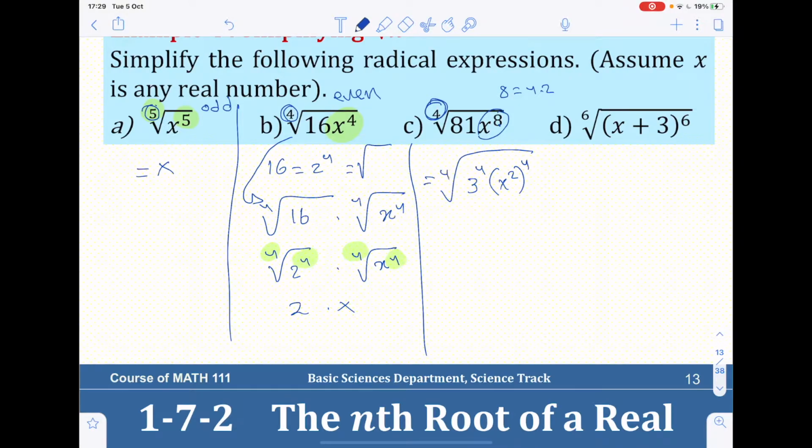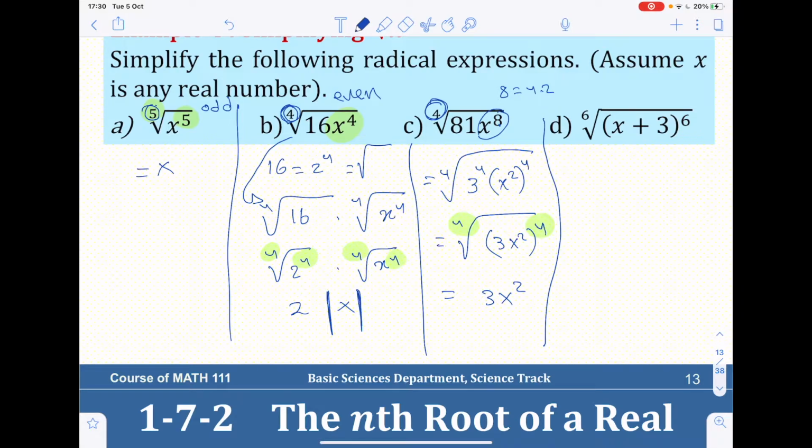Now I can write 3x squared all to the power 4 and then cancel the root with the power, so I'm left with 3x squared. Sorry, I forgot that if the power is even, we should put an absolute value around x. But since x squared is always positive, we don't have to put absolute values in this case, so we can write 3x squared.